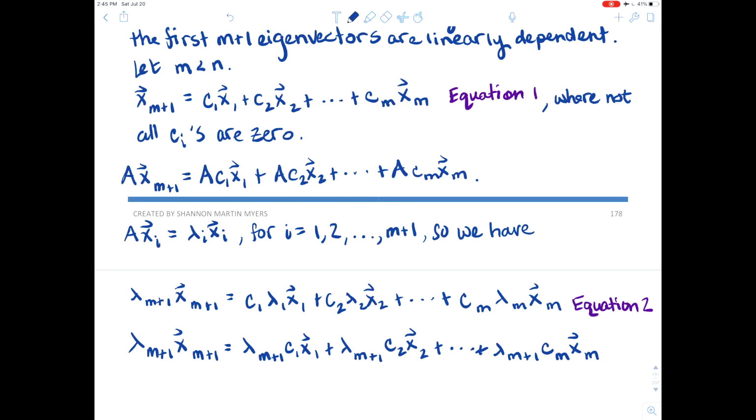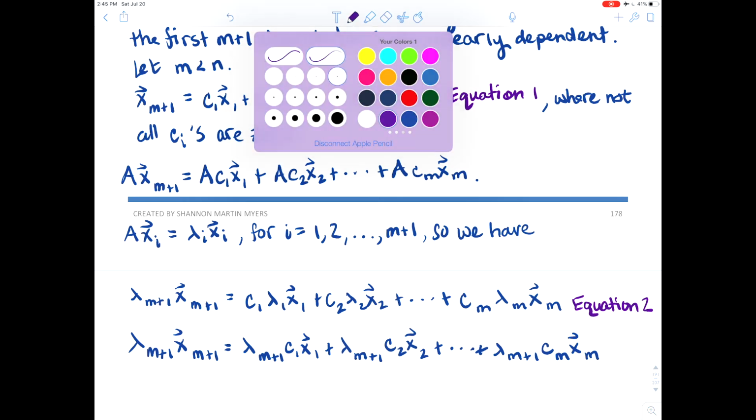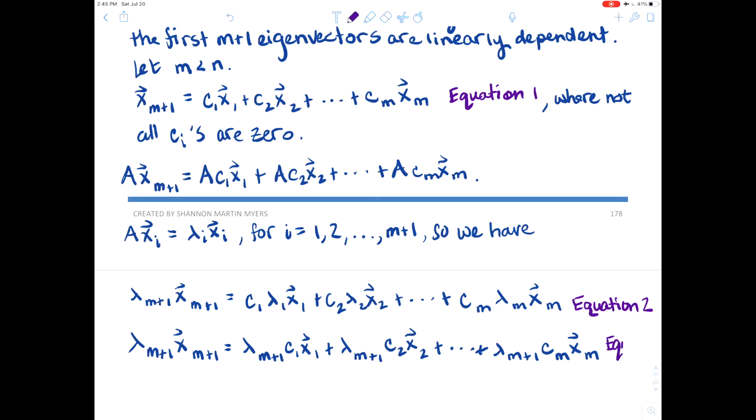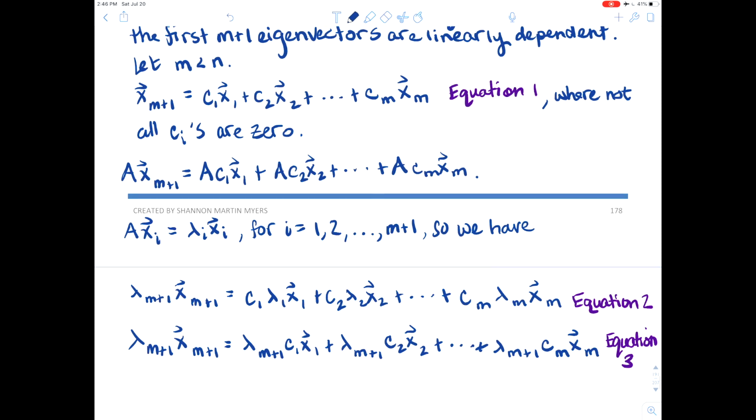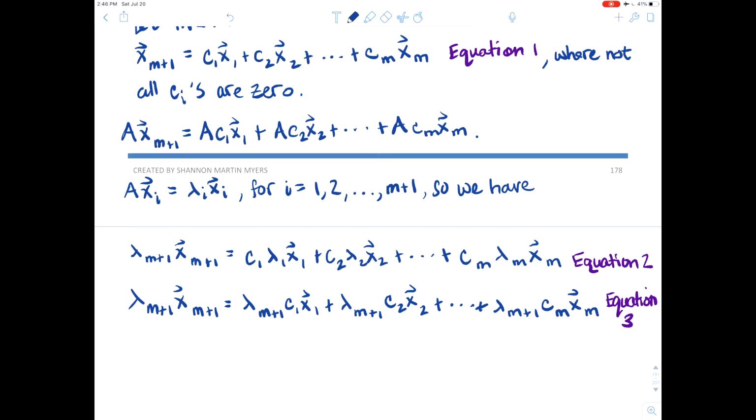Okay, so far? Now this one we're going to call equation 3. Our next step is going to be to subtract equation 2 from equation 3.